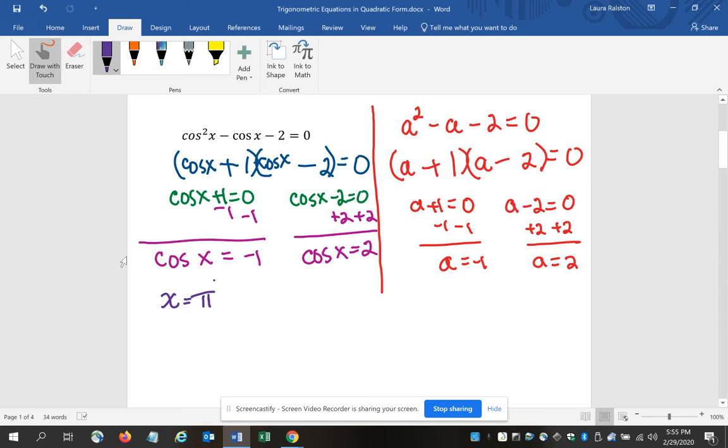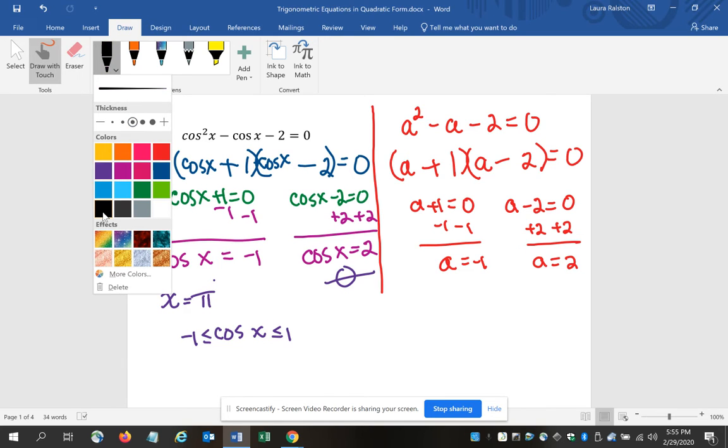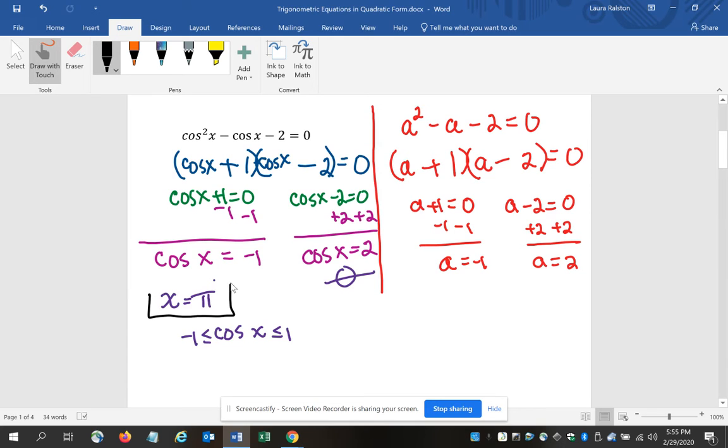In fact, a cosine value for any angle has to be between -1 and +1. Well, 2 is bigger. So for this piece, there is not a solution because cosine of x can never be equal to 2. So for this problem, my only answer is that x equals pi.